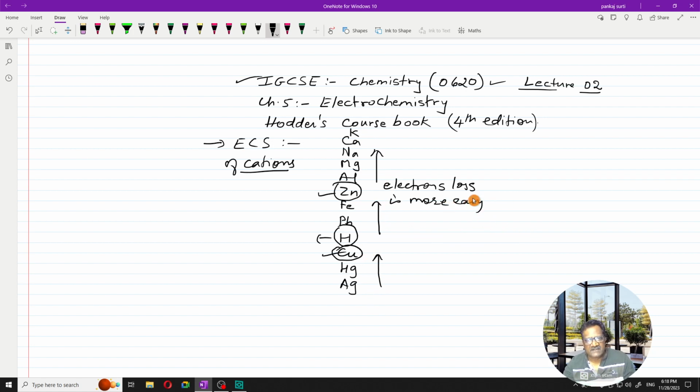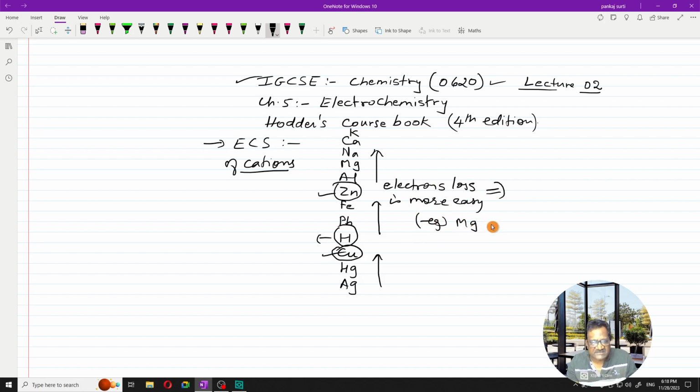Now the ultimate connection is this: when the loss of electron from the metal is more easy, all these are metals, right, this indicates something about the cations that will be formed. Suppose I give you one example. Suppose you have magnesium.